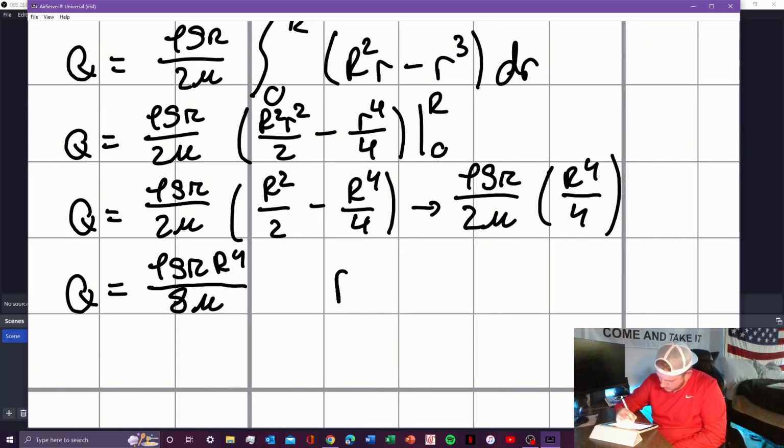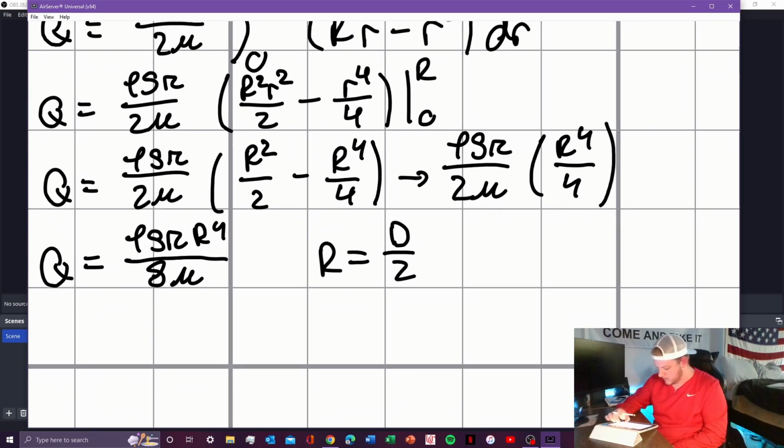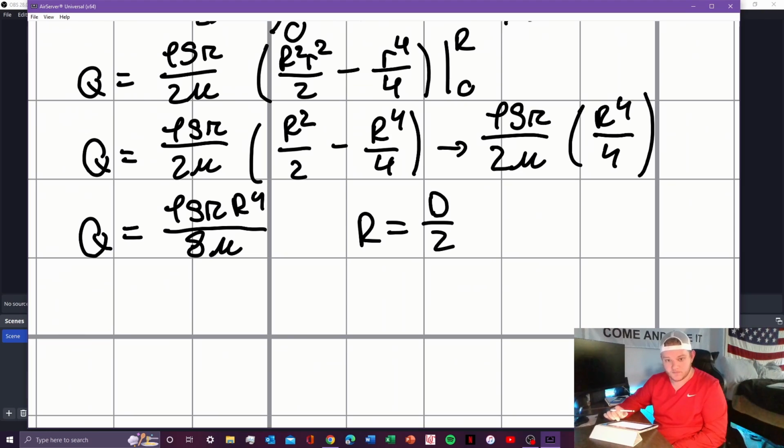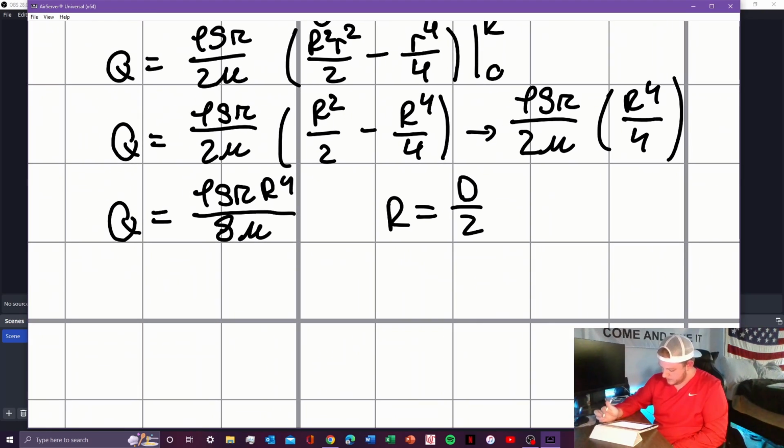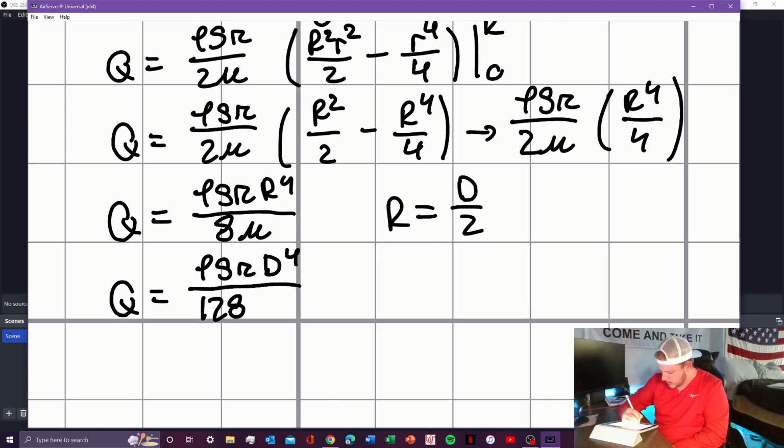Now we know that big R is equal to D over 2. Since it is to the 4th, when we plug this in, it turns out that Q is equal to rho g pi D to the 4th over 128 mu.